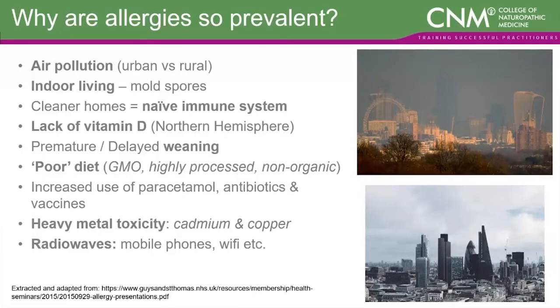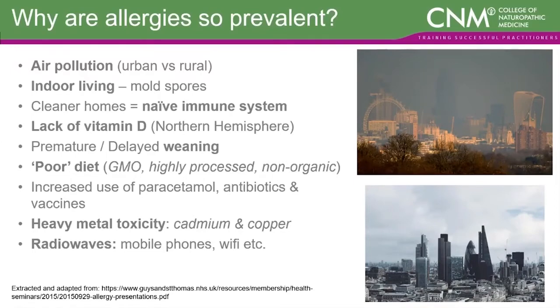Foods that are highly processed. If mum was eating lots of highly processed foods during pregnancy, unfortunately, we're taking food away from its natural state. And when we take it away from its natural state and we process it and modify it, the body doesn't tend to recognize those molecules as well as it should. And this could potentially also have an impact.